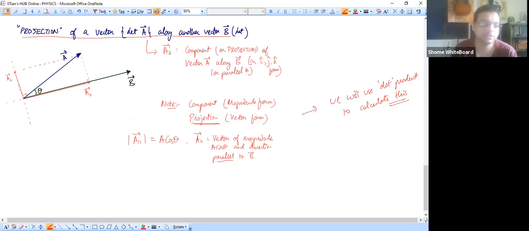Don't worry about the second one right now, A perpendicular. I'll come to its definition. First, just understand this part, A parallel, or the projection of a vector A which is along another vector B.